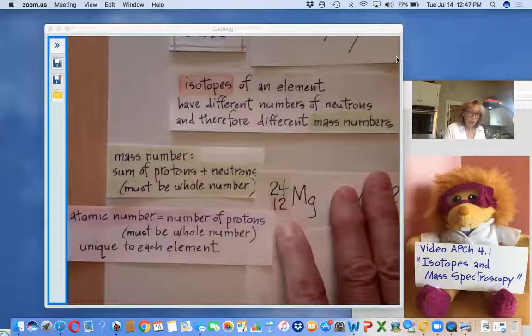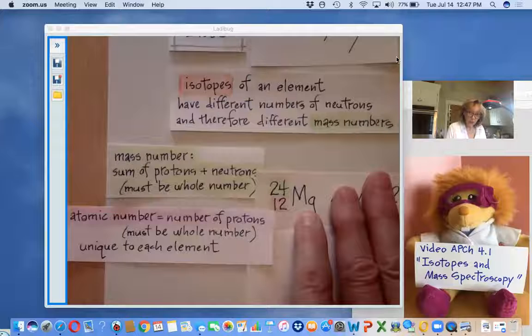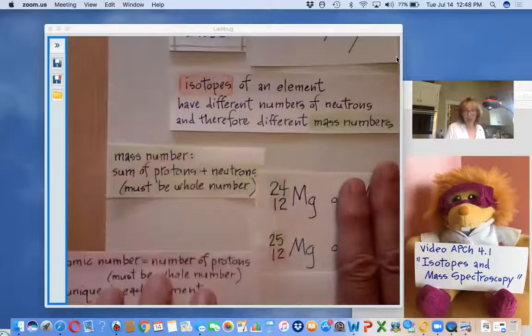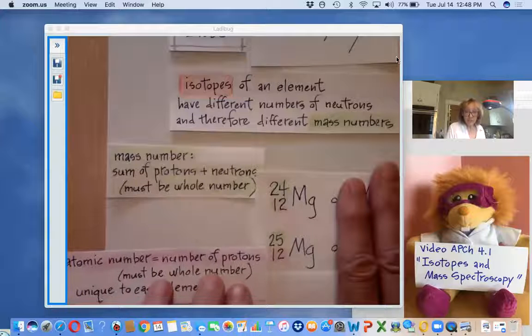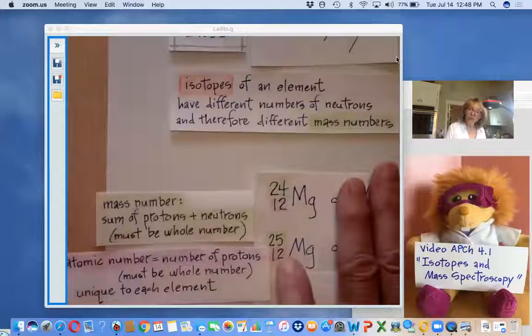But that's not the only version or type of magnesium atoms that we find in the universe. There are also magnesium atoms that have 12 protons and 13 neutrons. So the mass number of those isotopes is 25, and they still act in every way like magnesium, but they're just a little bit heavier.